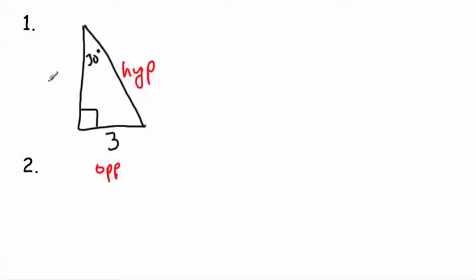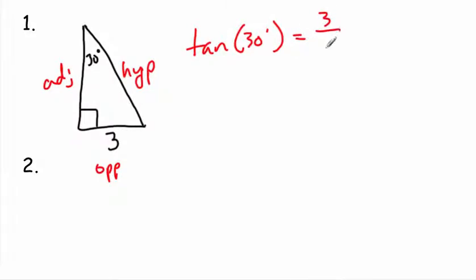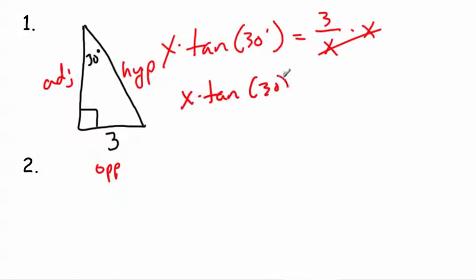And this is going to be adjacent. So tangent of 30 degrees is going to be opposite over adjacent, which I don't know. So this is similar to the first one of the past 2 examples. So times x, those cancel. So x times tan of 30 equals 3.